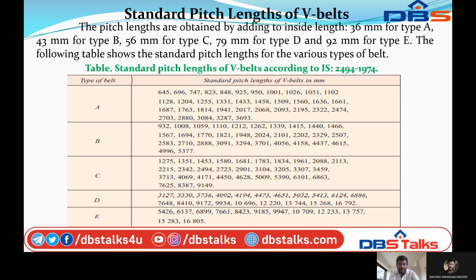Then coming to type D, starting from 3127, 3330, 3736, and it goes up to 16,792.